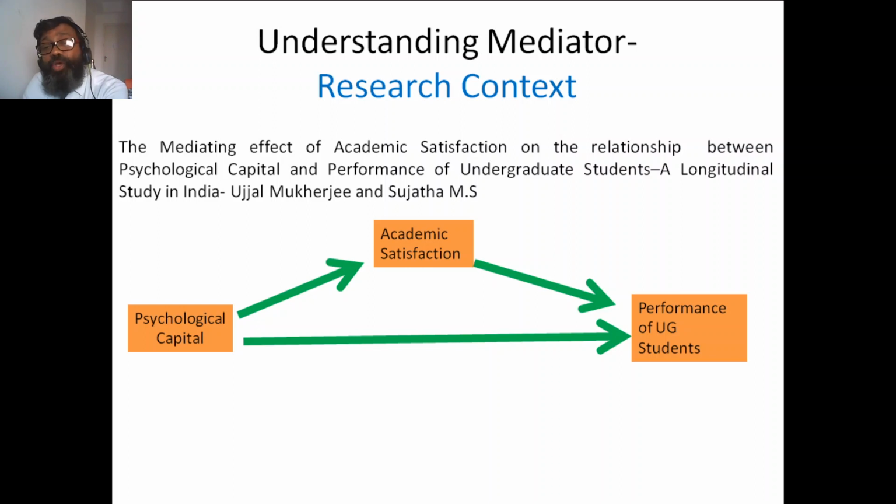In this case, we call it total mediation effect. There is only one path. The only path which is available for how psychological capital can influence performance of undergraduate students is via academic satisfaction. This is called full mediation.